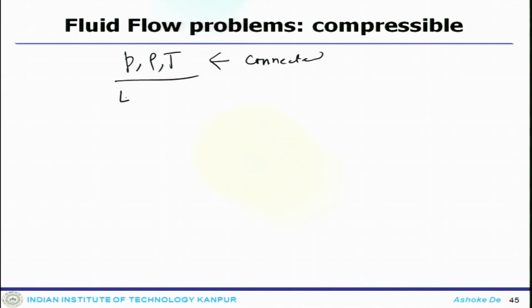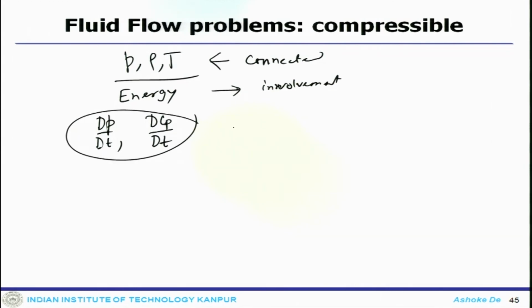Then you have to involve the energy equation, that is another inclusion, and also in the discretization you get terms like dP by dt, dCp by dt, and then the viscous dissipation term. These are the extra terms which appear in this kind of situation.